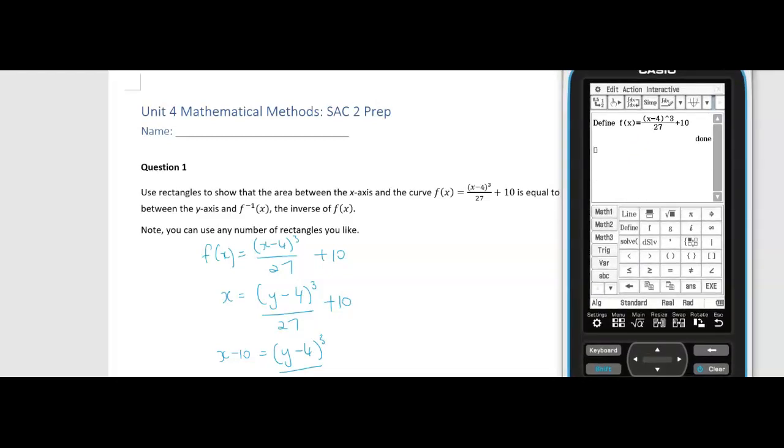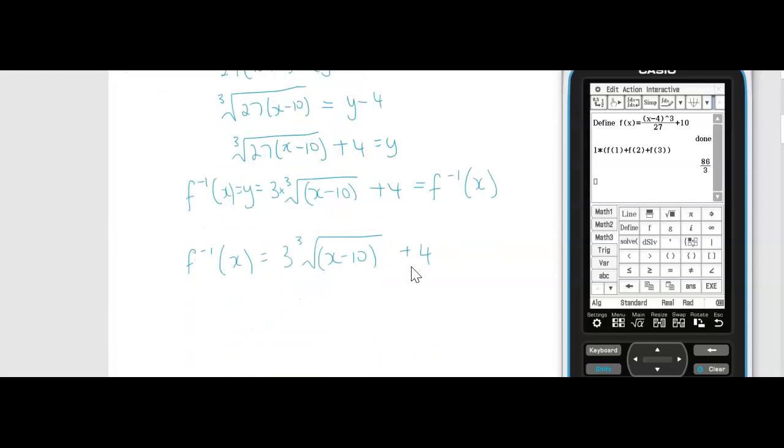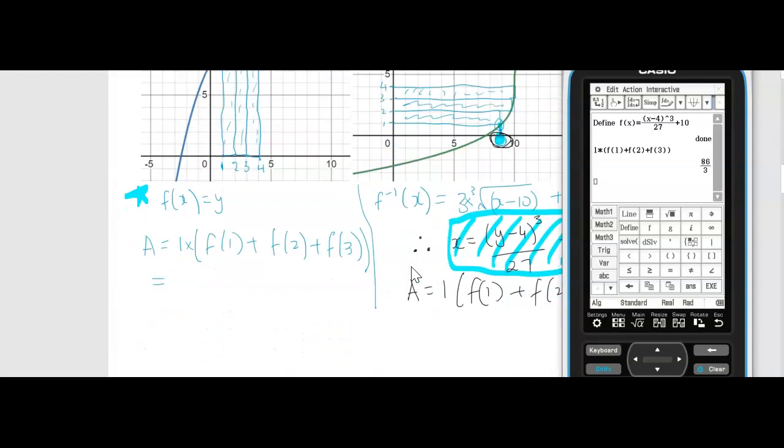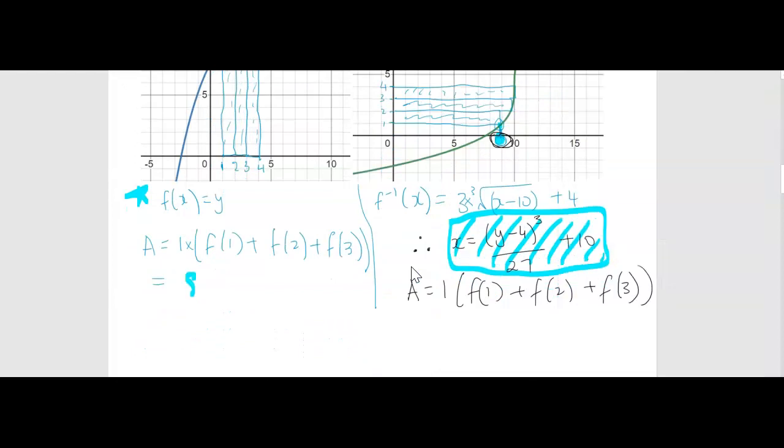So your area is 1 times f of 1 plus f of 2 plus f of 3, just so we don't have to type it over and over again. I get 86 on 3. Leaving it as an improper fraction is fine.